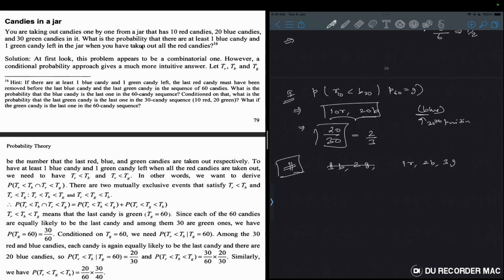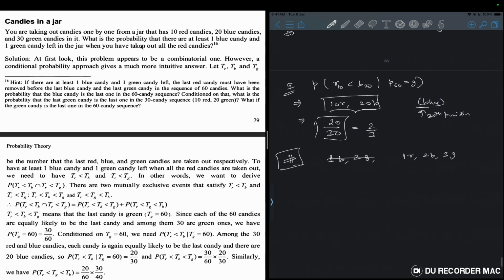You might ask, does neglecting green actually have an impact or not? When I say I have neglected all the green, calculated the probability and found the answer, does that matter?